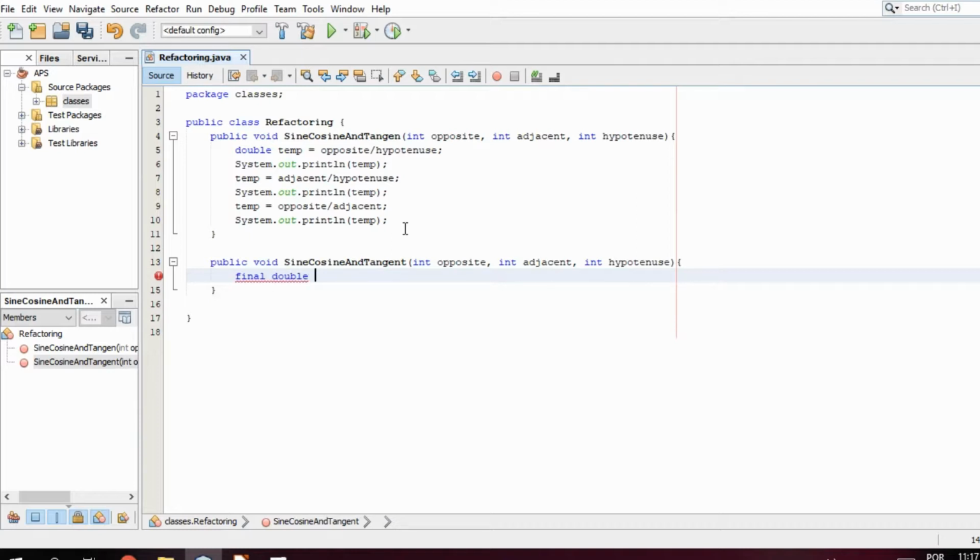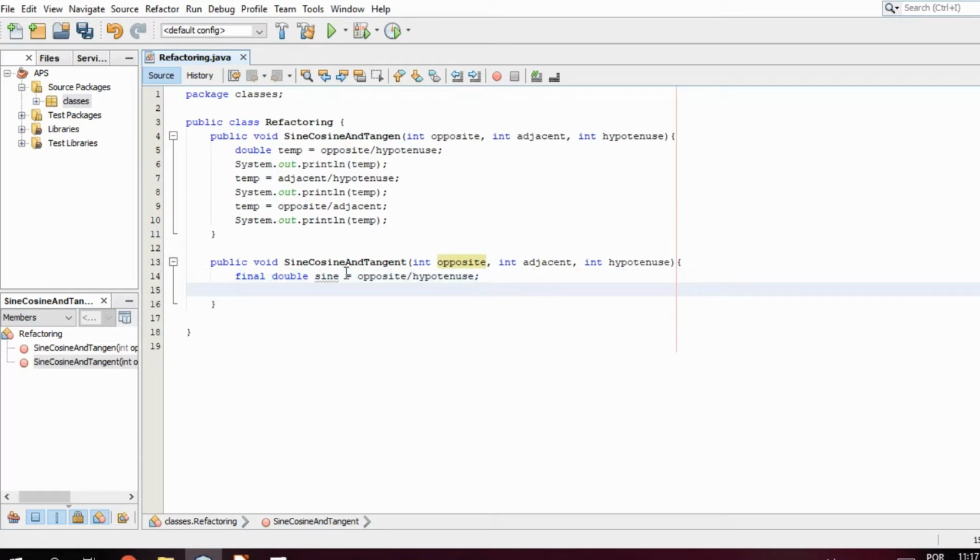If you know your math, which you should, you will notice that this formula, opposite slash hypotenuse, stands for the sine formula, sine of an angle. So we're gonna call this variable sine. Sine equals opposite slash hypotenuse.